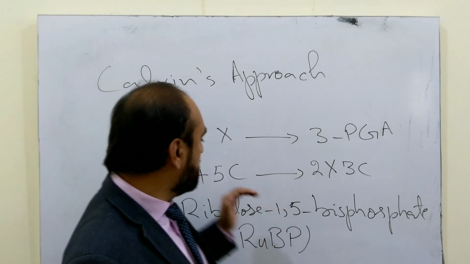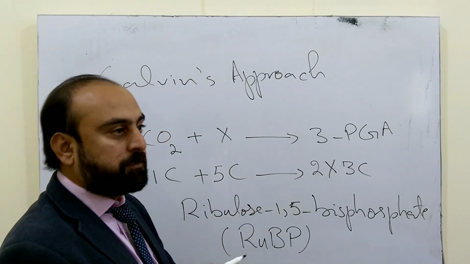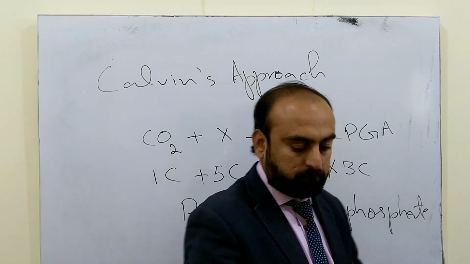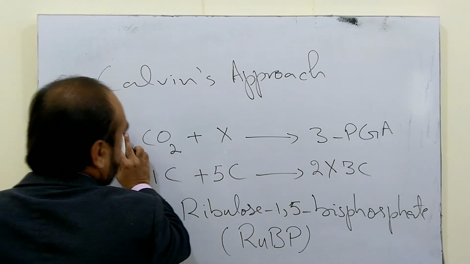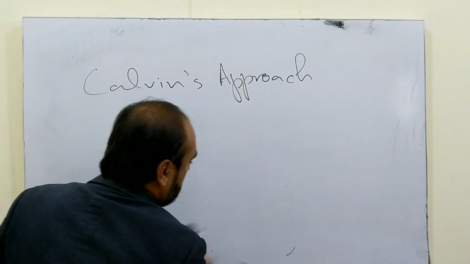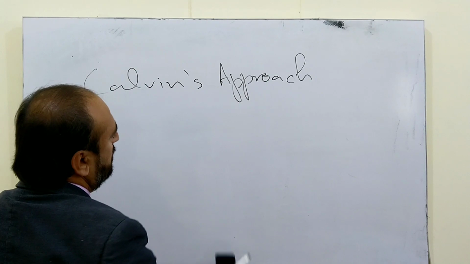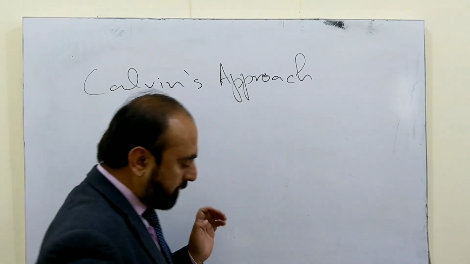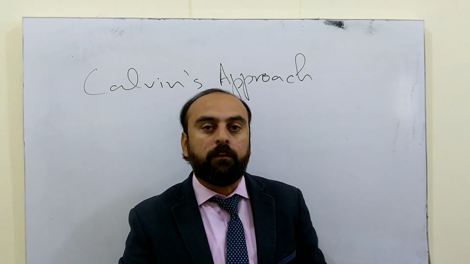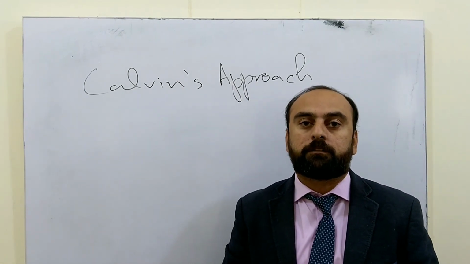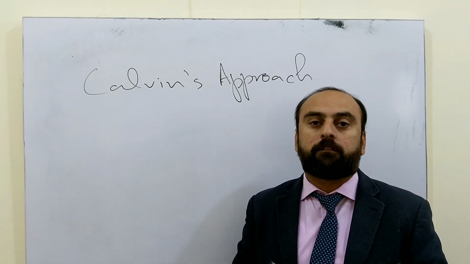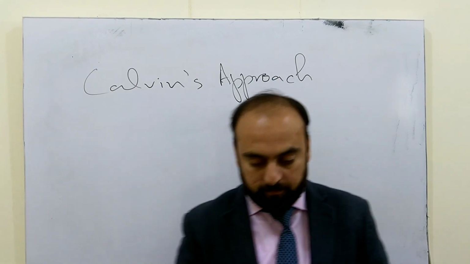So the discovery of ribulose 1,5-bisphosphate was the key to this crucial puzzle. This impressive story of Calvin's approach, or the Calvin cycle, is impressive because it highlights the importance of systematic investigation as well as patience in scientific research.